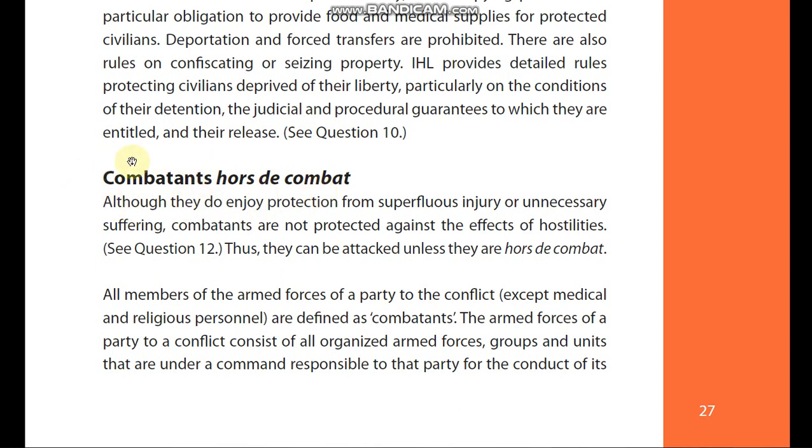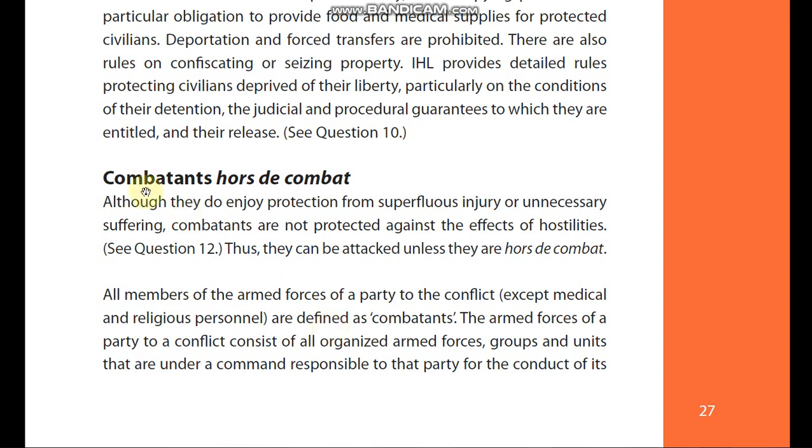What about the combatants who are currently taking part in hostilities? These persons are generally not protected, but they are protected only against attacks that may lead to superfluous injury or unnecessary suffering. This kind of suffering or injury must not be inflicted on the combatant.